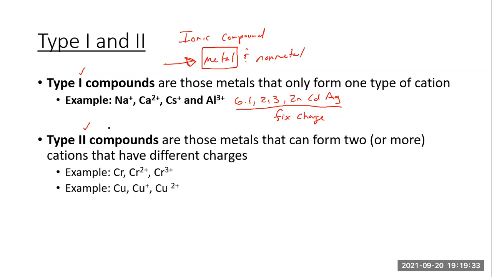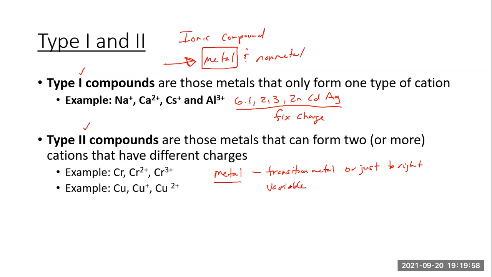And that's different than a type 2 compound. A type 2 compound, again, it's the metal that's most important. And that metal will be a transition metal, or just to the right of it. And what these guys have in common is that they do have that variable charge.